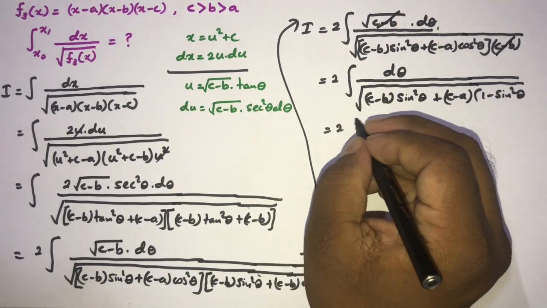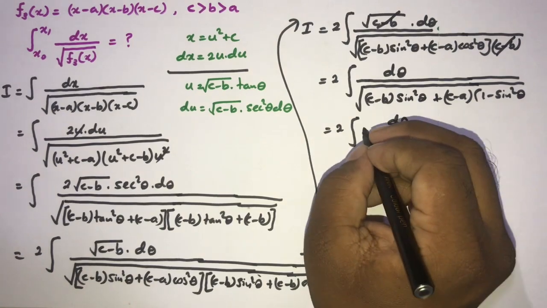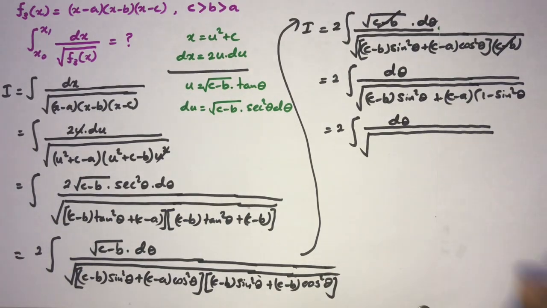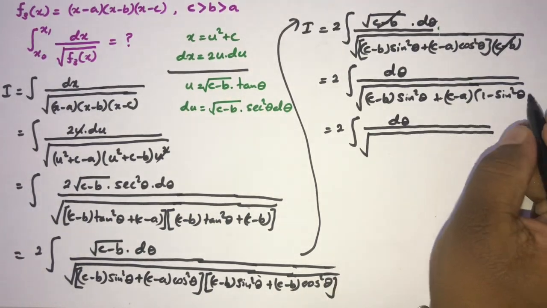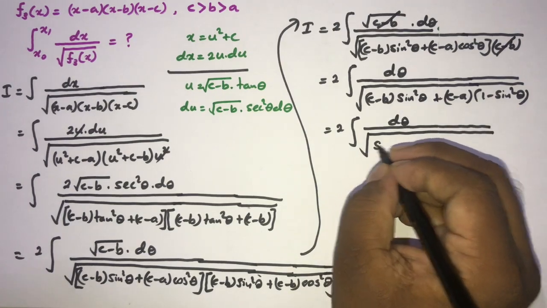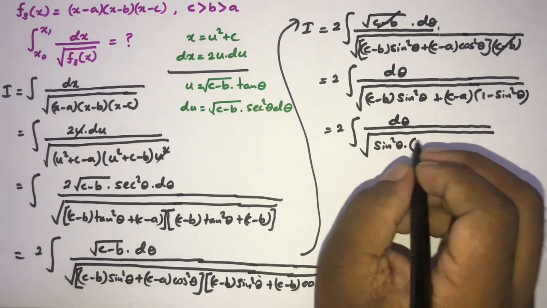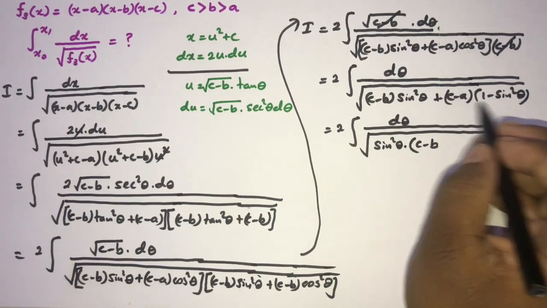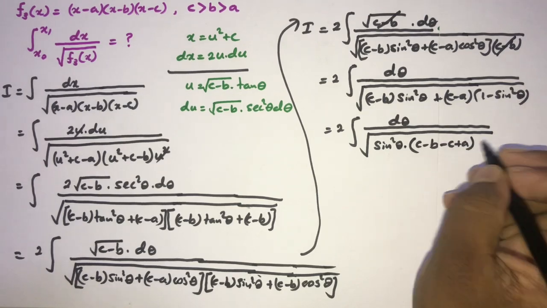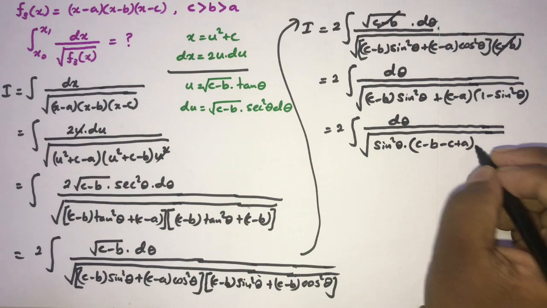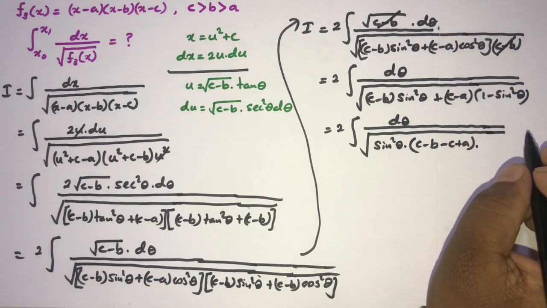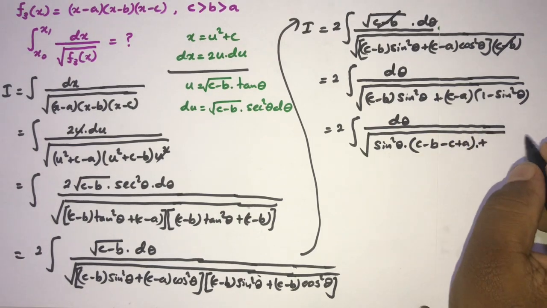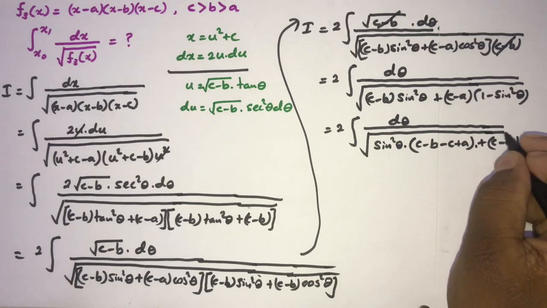So then again we can simplify d theta over, here if we take sine square of theta as a common factor, so sine square of theta times, now here c minus b, here minus c plus a, times, now here we have plus 1 times c minus a, so c minus a.